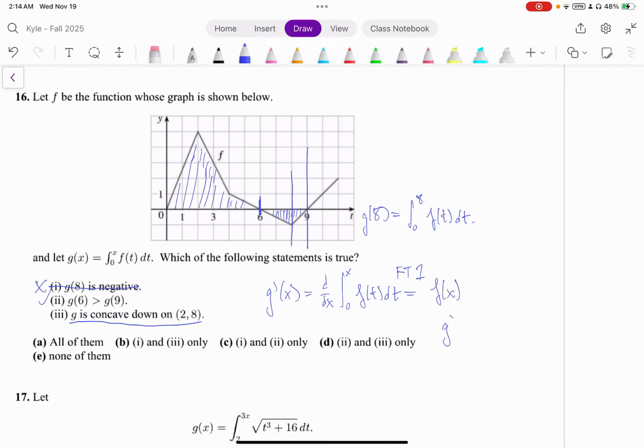So g double prime at x is going to be f prime at x. So on the interval 2 to 8, you'll notice that f prime of x is negative. So g double prime is negative, so g is concave down. So yes. So 2 and 3 are correct.